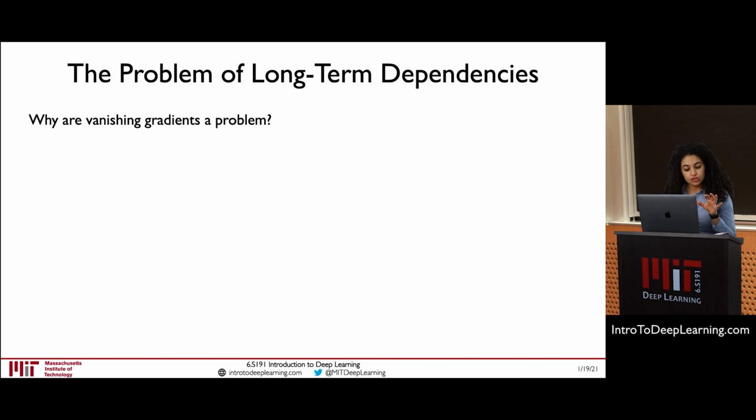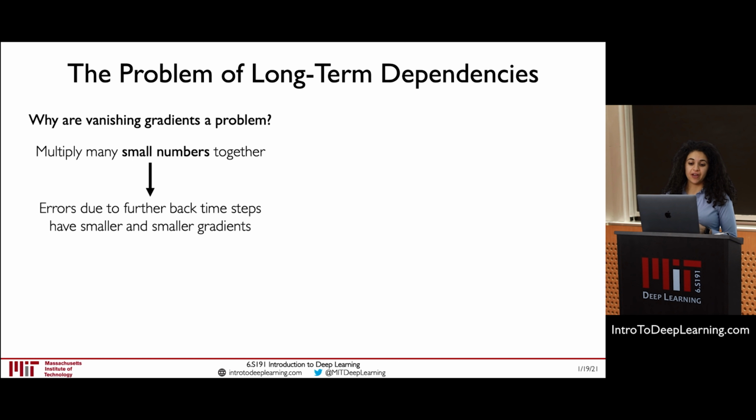All right, in order to get into that, you'll need some intuition about why vanishing gradients could be a problem. Let's imagine you keep multiplying a small number, something in between 0 and 1, by another small number. Over time, that number is going to keep shrinking and shrinking, and eventually it's going to vanish.